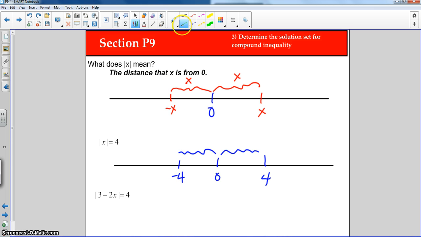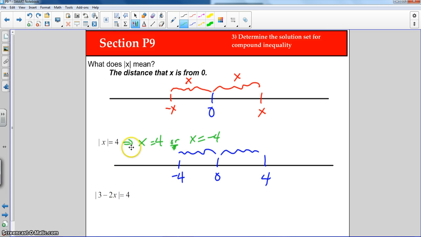In other words, this is saying that x is either 4 or, and specifically use the word or, x is equal to minus 4. Okay, and so then really to drive this point home, now we're saying that the distance that this quantity is from 0 is 4 units.